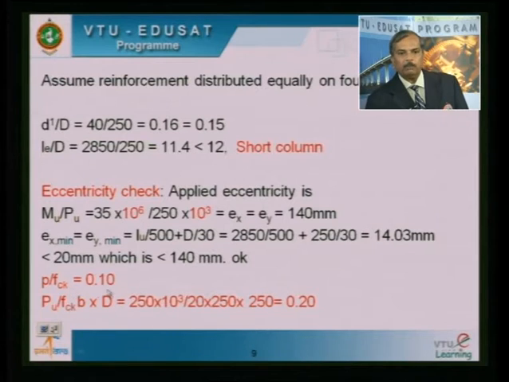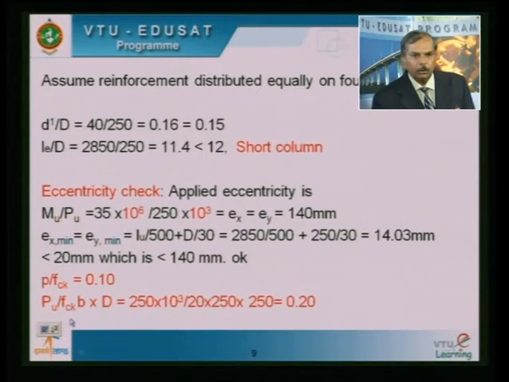This is one of the parameters that is required for referring to SP16. p is the percentage of steel, and here we have taken the percentage of steel approximately equal to 2%. And Pu by fck bD is nothing but 0.2. You can see after the substitution it is 0.2.